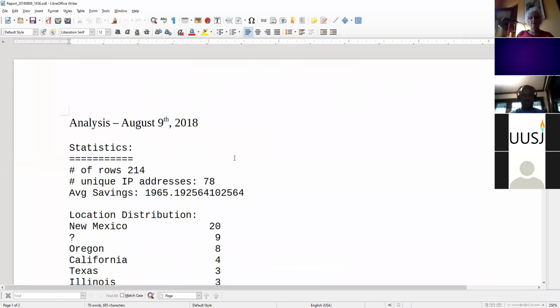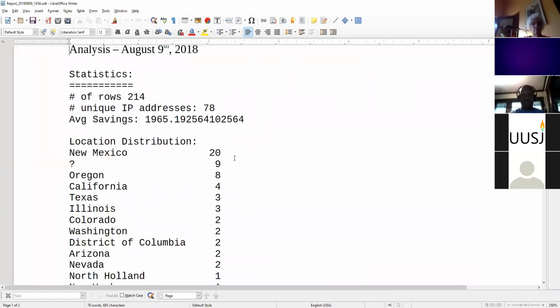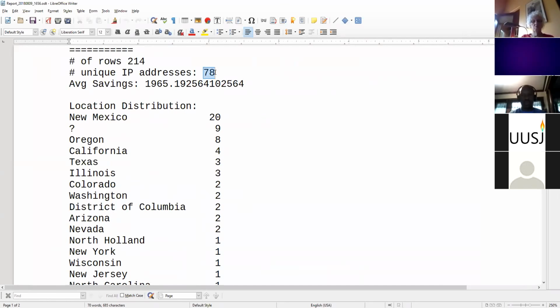Yes, I do. Okay, so this is an analysis I did about 2 hours ago based off of what we've seen so far with the calculator. The important thing, we've had what looks like 78 unique people use the calculator, and the average savings so far based off of their numbers is averaging about $2,000 per year.